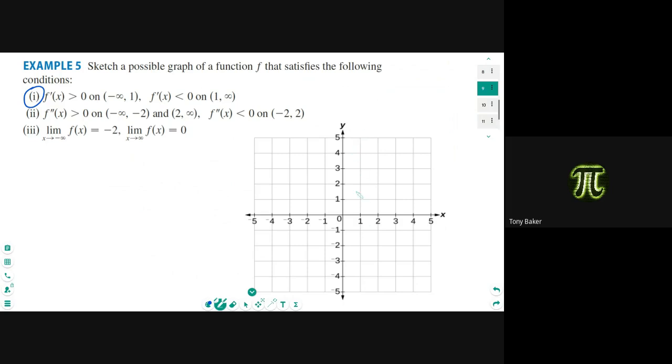Okay, so somewhere on 1 is going to be a maximum, right? I know that's a max, and I know on this side it's going down, and on this side it's coming up, right? I don't know where it's going up to that point, but that's what the first one tells me. Correct? Yeah.